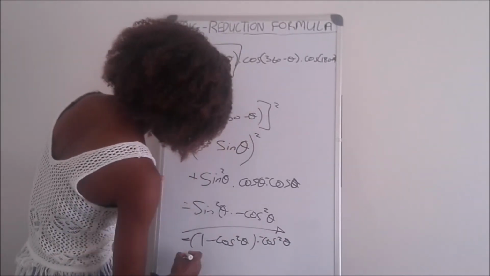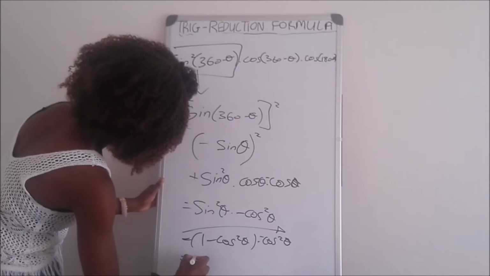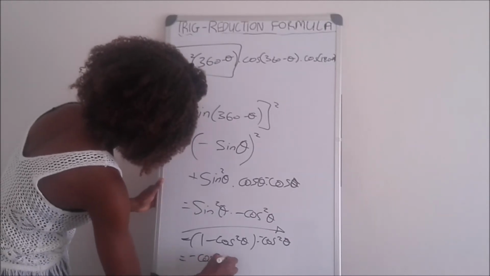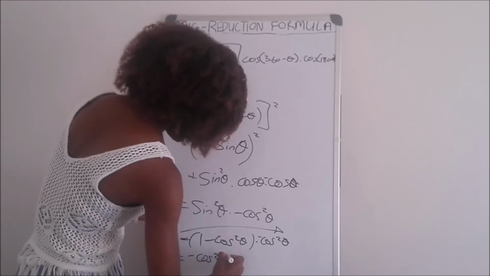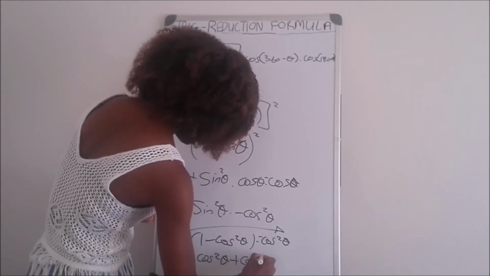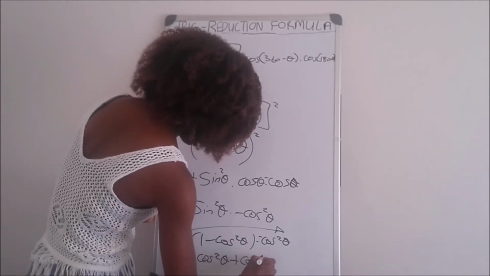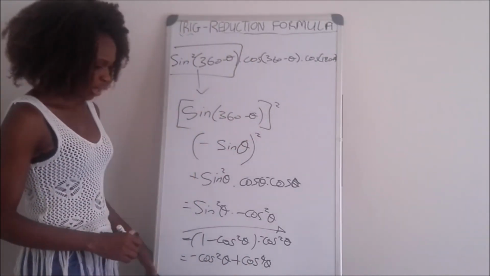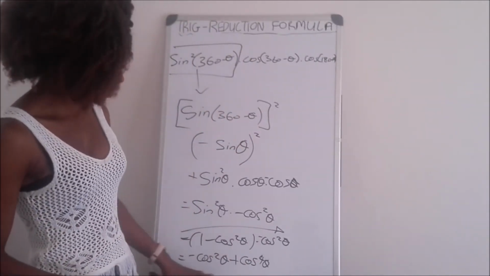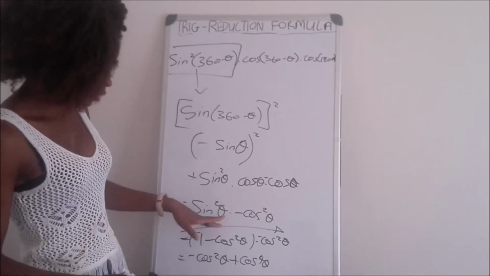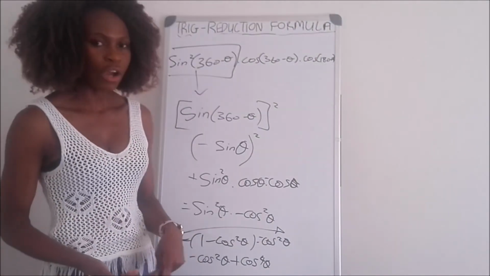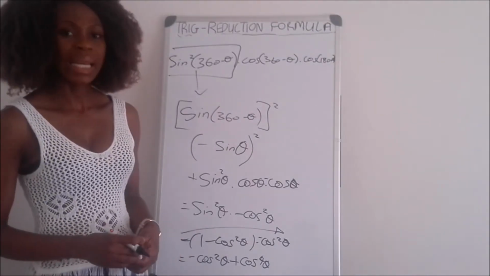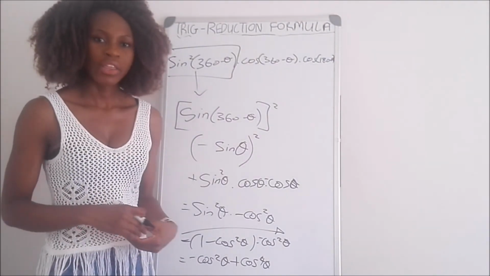This multiplied by that will be negative cos squared theta, and then this multiplied by that will be plus cos squared, actually 4 times, it will be cos to the power of 4 theta. Then we'll leave it as it is there. That's only when you still want to continue from this, then that means that your answer will be negative cos squared theta plus cos to the power of 4 theta.